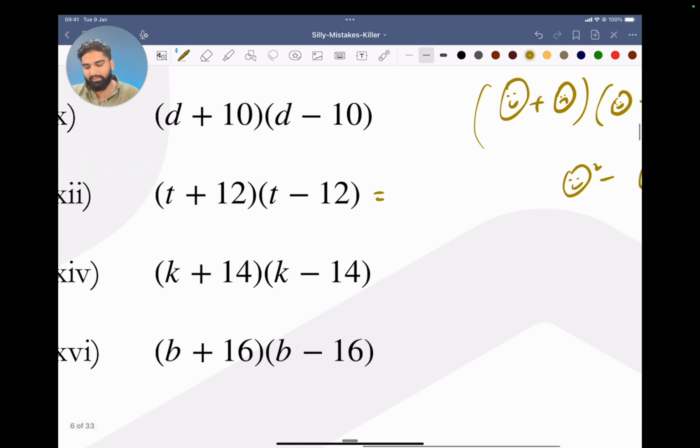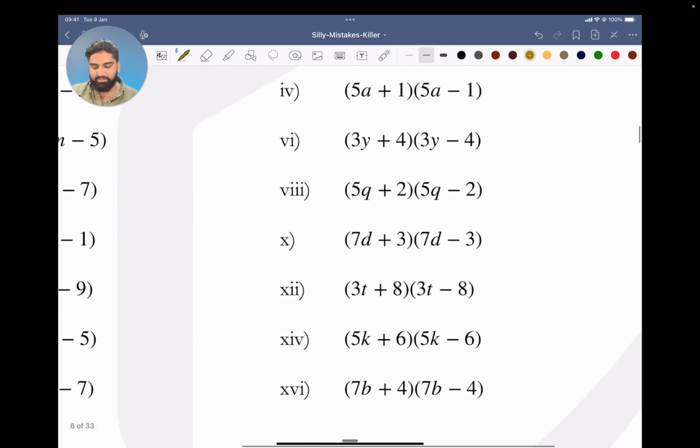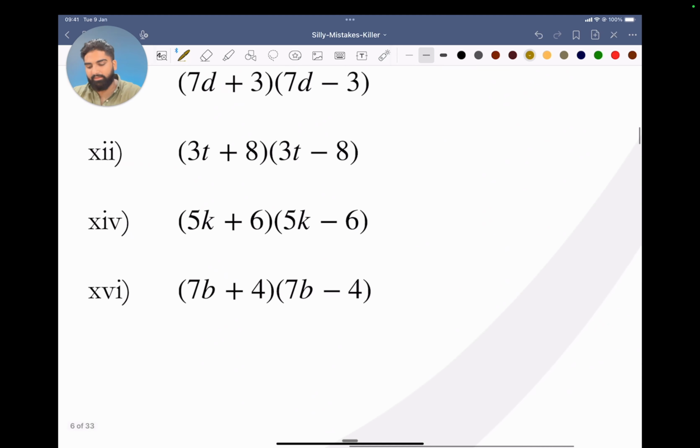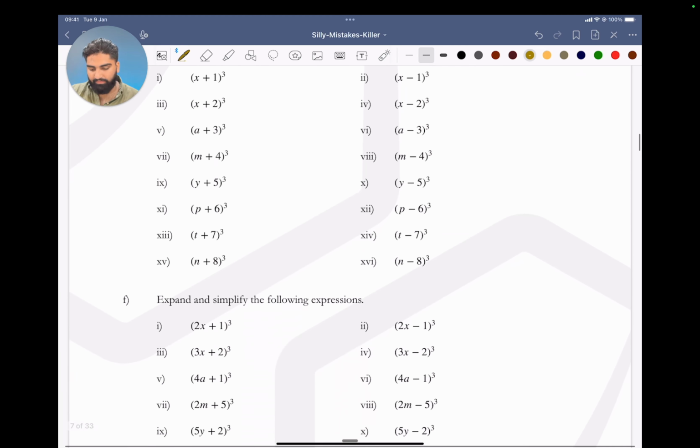Okay, so something like this, pretty simple, is t squared minus 144. That's it. Sometimes it might get a little bit funky. So something like this one here is now 5k squared, which is 25k squared, and then you have 6 squared, so that's minus 36. Cool. Not too shabby, if I say so myself.